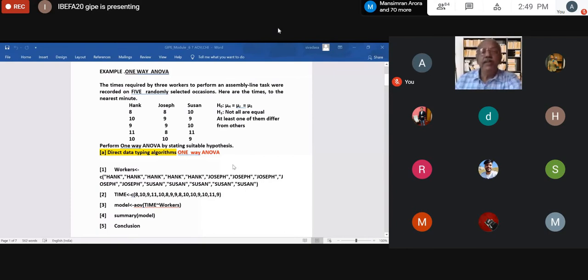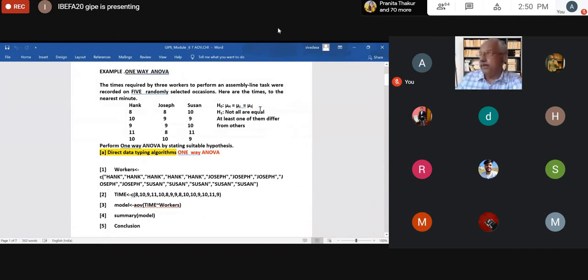The hypothesis is H naught: average assembly time of Hank, mu h; average assembly time of Joseph, mu j; average assembly time of Susan, mu s; they are equal or not all are equal.